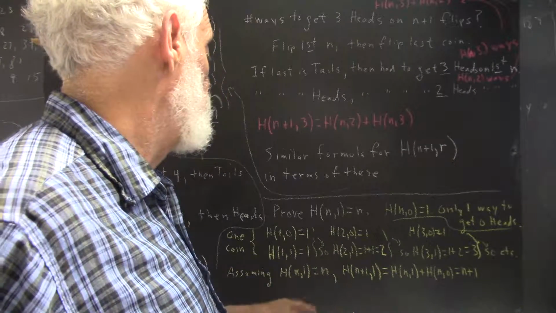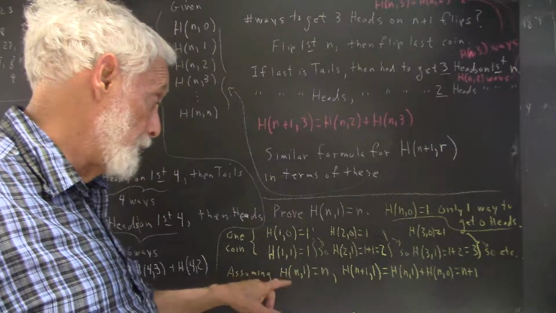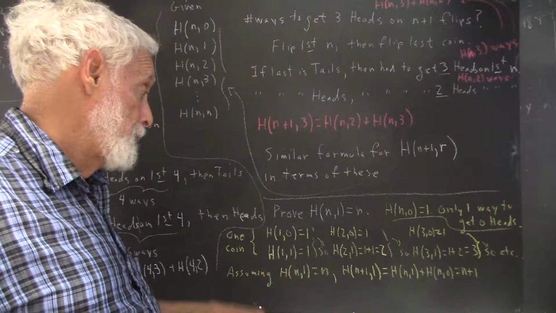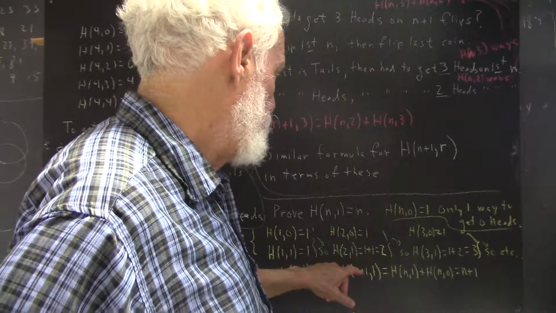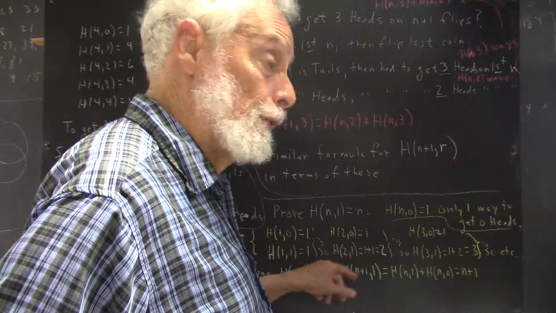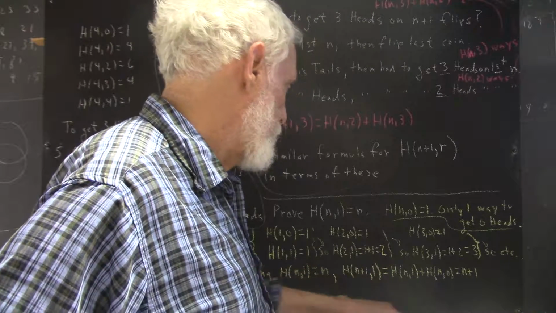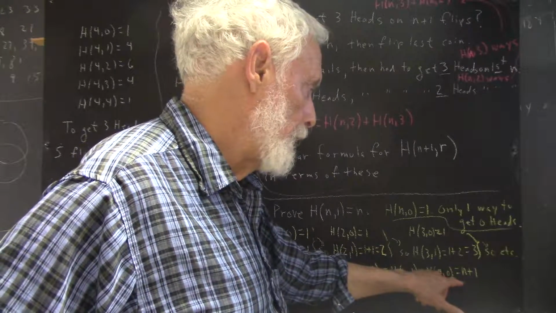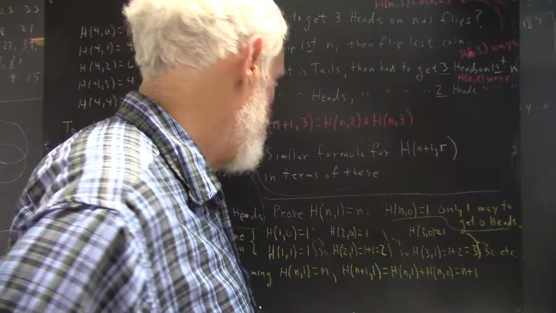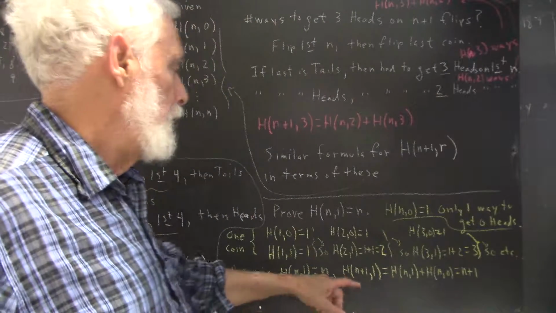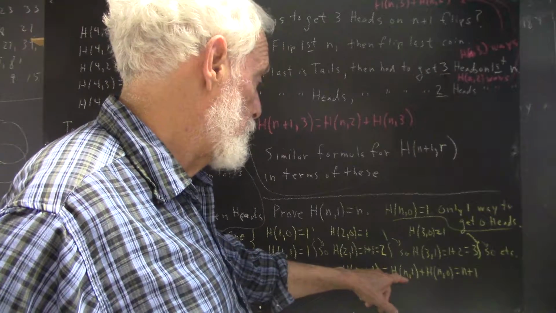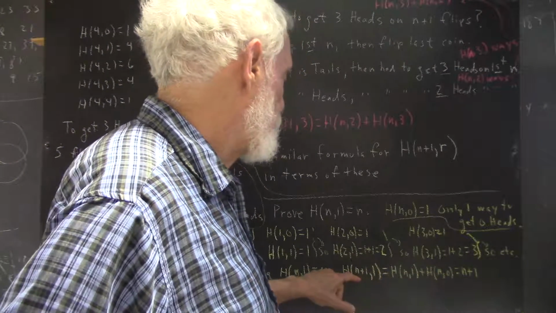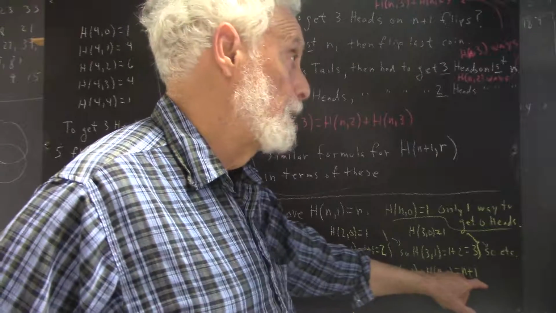Now, since it's true when n equals 2, we come back here, well, let n equal 2. Then we know that h of n plus 1,1, which is h of 3,1, is n plus 1, well, that's 2 plus 1, that's 3. So now h of 3 plus 1,1 is 3 plus 1.